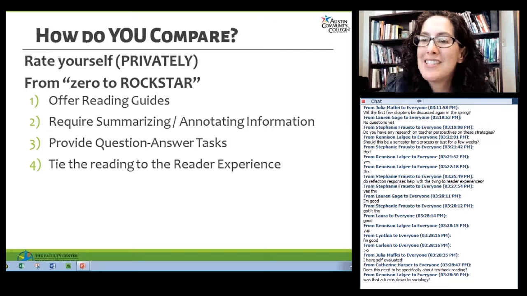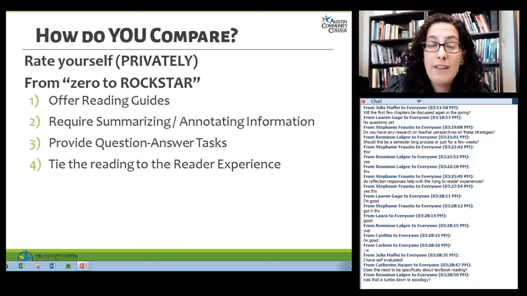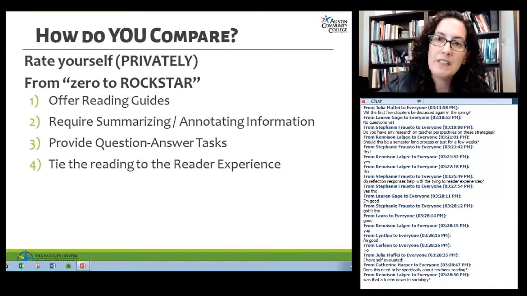Oh, Julia says she's self-evaluated. Catherine asks, does this need to be specifically about textbook reading? Absolutely not. That's an easy way to go. If you've already got textbook assignments, you can start to incorporate these things with it. But I have brought in extra readings. Sometimes, to facilitate all those different levels of reading, I'll bring a short one-page article into my class and have them read right there.